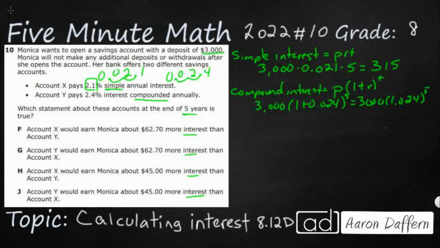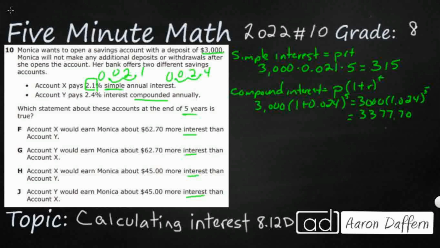We have to take care of that exponent first using our order of operations. That's about 1.1258999. We're going to multiply that by the 3,000, so that's going to equal 3377.699. We'll call it 70 cents.